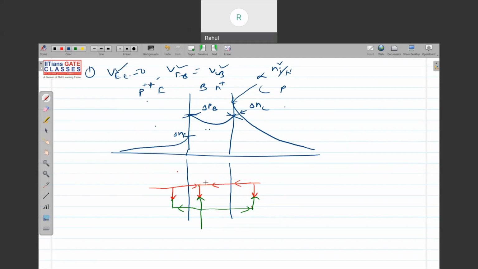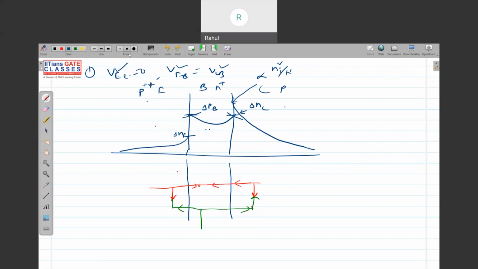But you know, since the recombination in this base region is extremely small, I can neglect this current. And since the slope here is very, very small, generally the slope should be like this, but it is very small, so this also can be neglected.